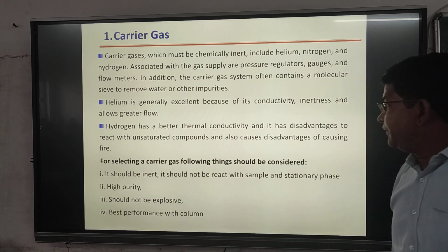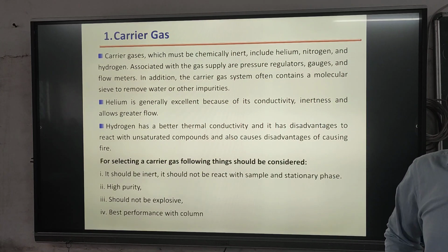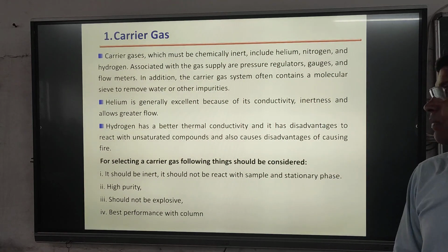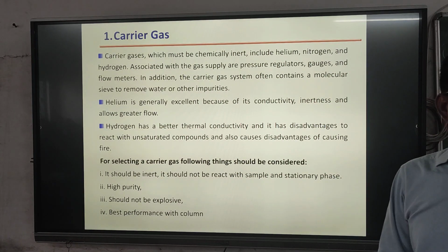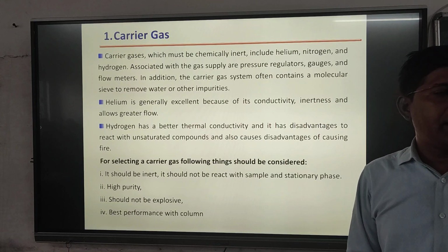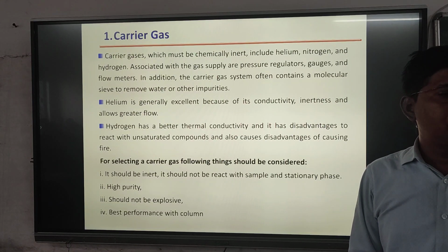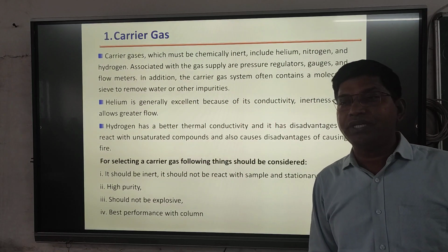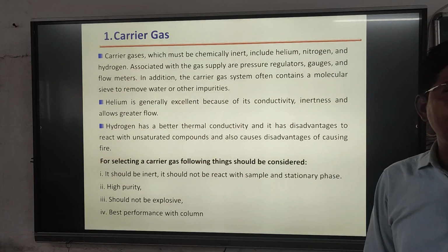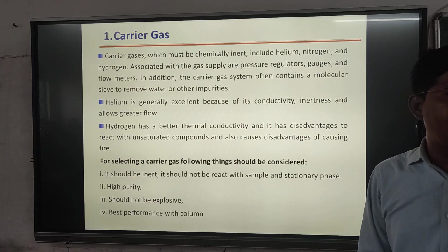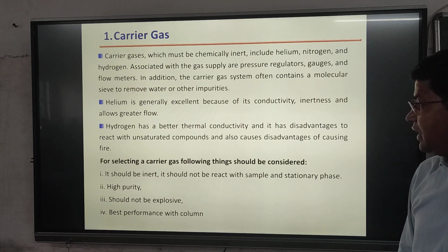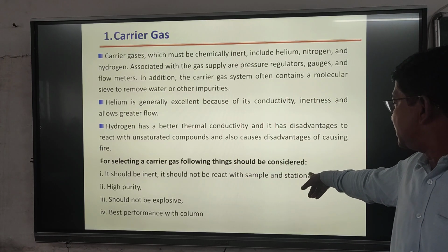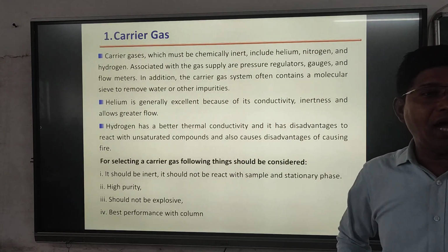What are the important characteristics of a carrier gas or mobile phase? It should be inert. A carrier gas like hydrogen can interact with the unsaturated compound, so we cannot use it in gas chromatography as a mobile phase. It should not react with the sample or the stationary phase, and it should be of high purity.